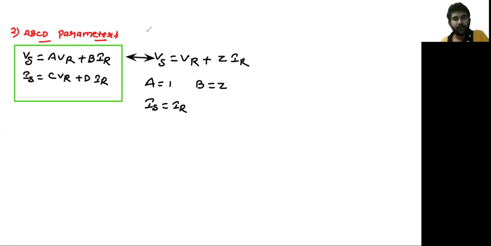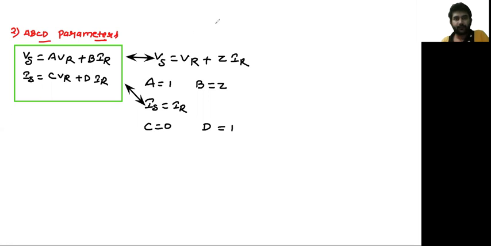So compare this with this equation. We get C equal to 0 and D equal to 1. So these are the four parameters we get by equating the equations obtained from the circuit diagram with the ABCD parameter model.